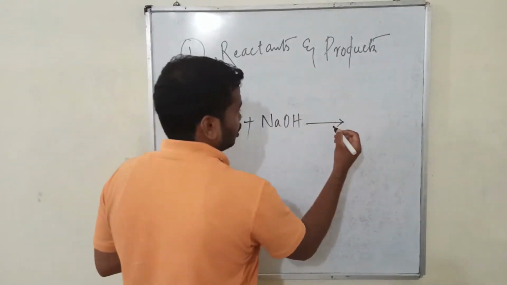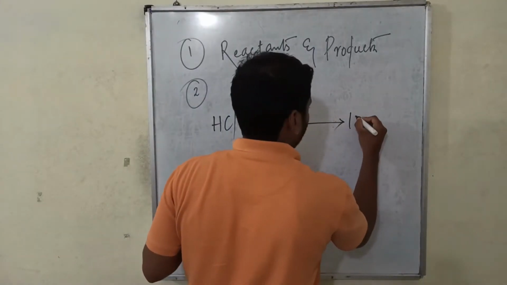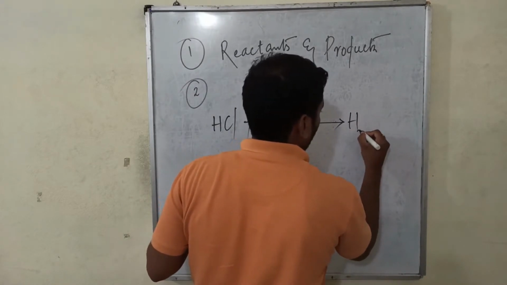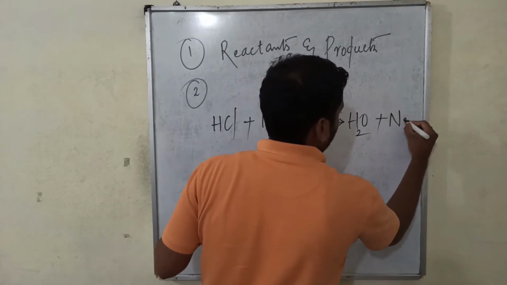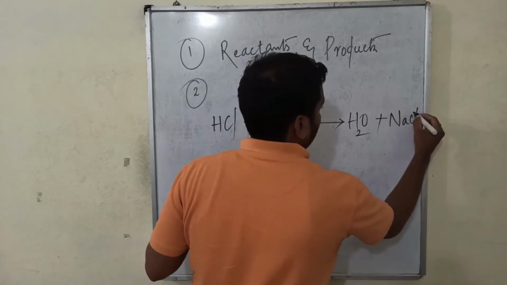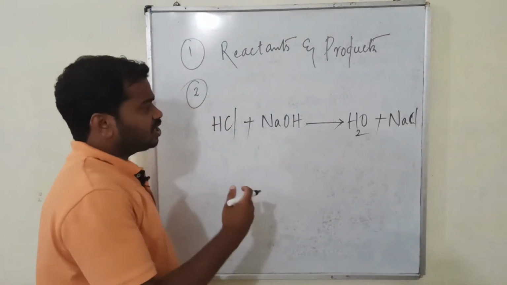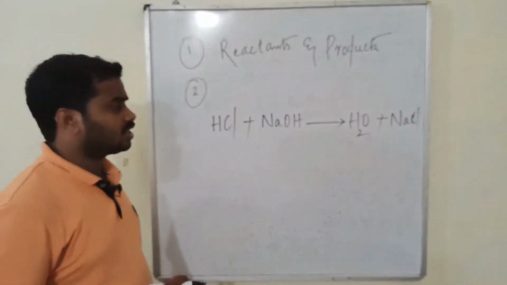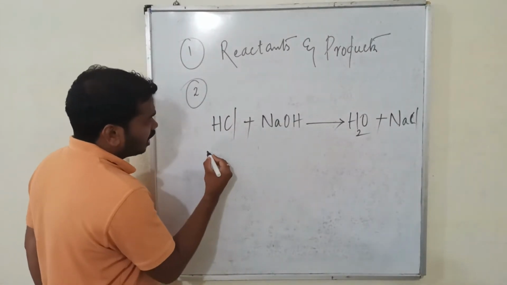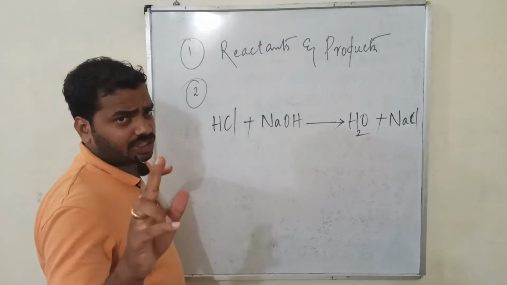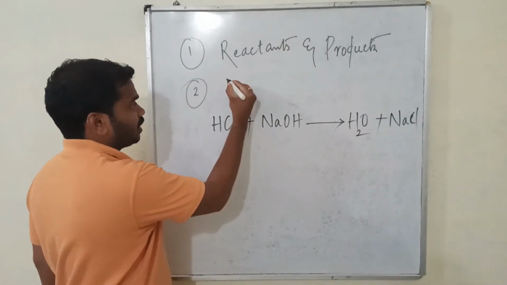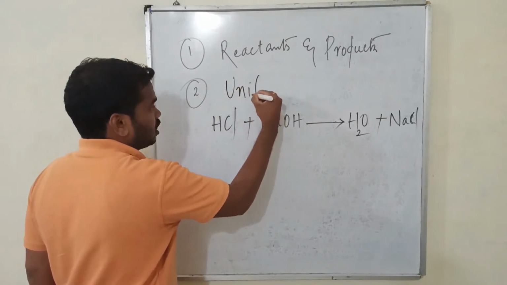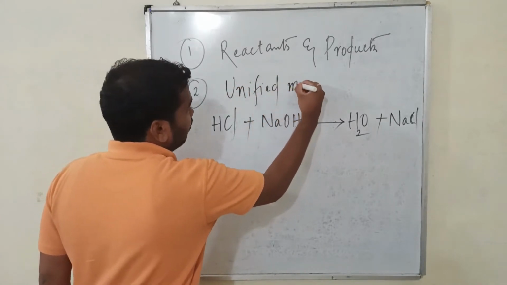HCl plus NaOH gives rise to H2O plus NaCl. So this is a reaction. In this reaction, you need to understand one simple thing. You see here the masses are expressed. Listen, always the masses in the reaction are expressed in the form of unified mass. In which form? Unified mass.